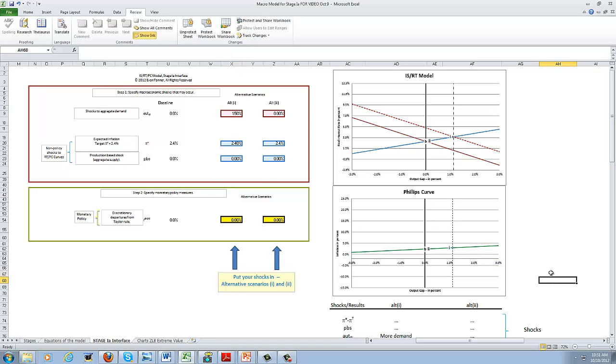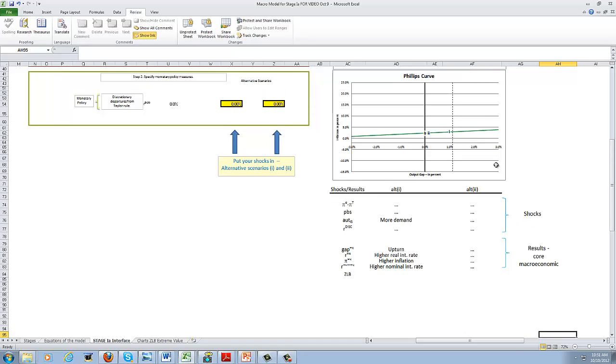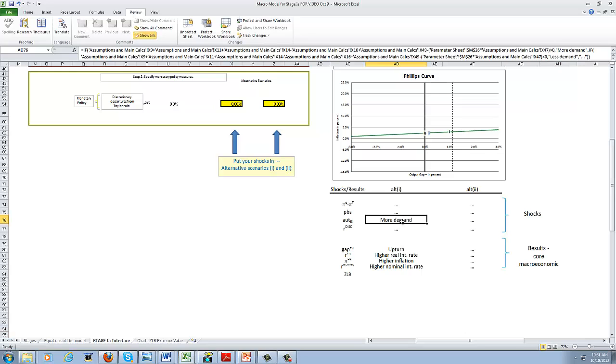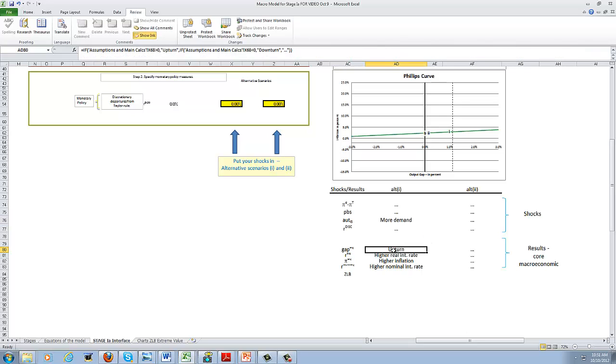Now I want to mention that in addition to the graphical representation, we can also think of these things in plain English here. This shock was more demand on the IS curve, and that was reflected in an upturn of aggregate output, an upturn of the output gap, a higher real interest rate, also a higher nominal interest rate, and also higher inflation according to the Phillips curve.